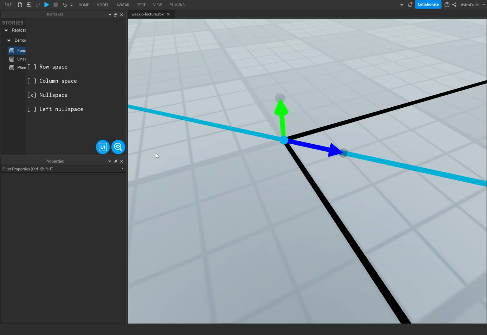What are the implications of that? What does the row space represent? I don't have an answer for you.